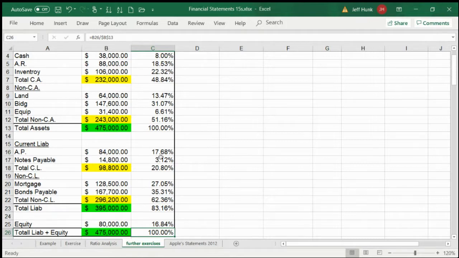But what kind of manufacturing would have just about $240,000 of physical assets? Not even, I know, candle making, maybe, right? Not even candle making.